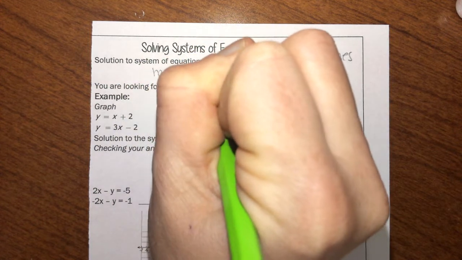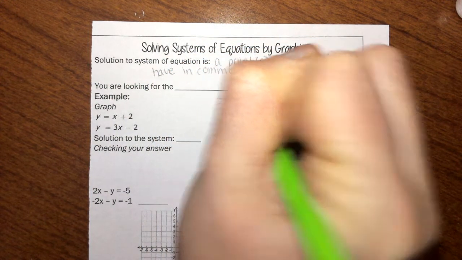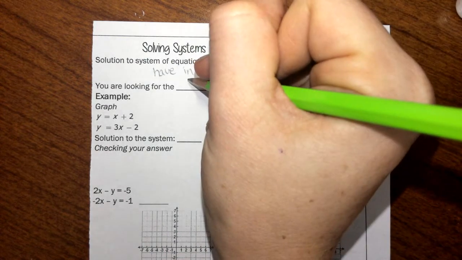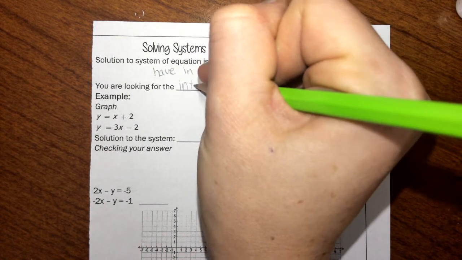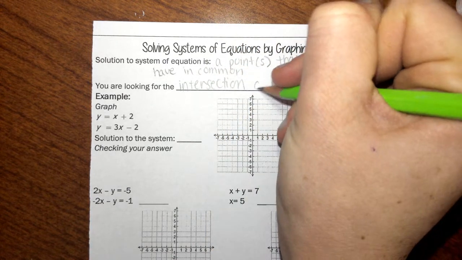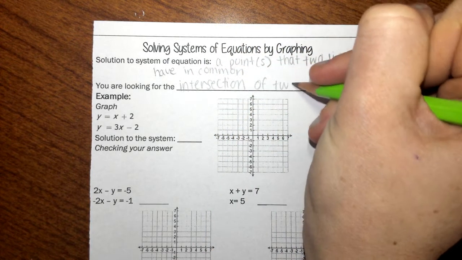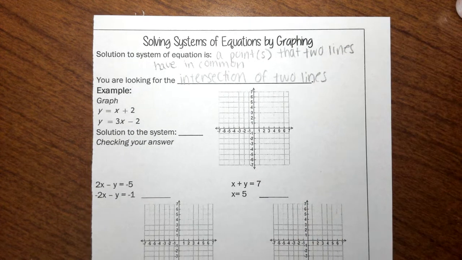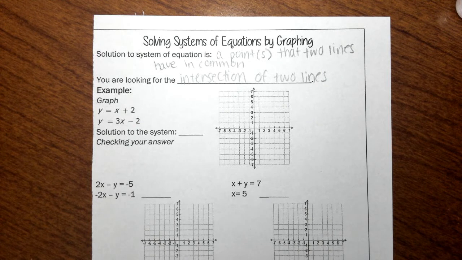So what we're really trying to do is figure out the intersection of two lines. So you're trying to figure out where they cross, what the point is where the two lines cross. That's the whole goal of all of this.